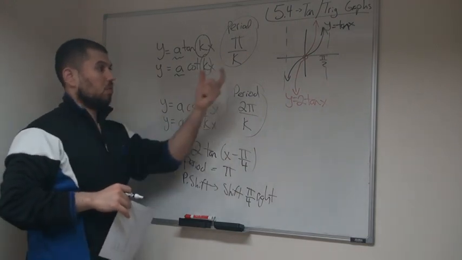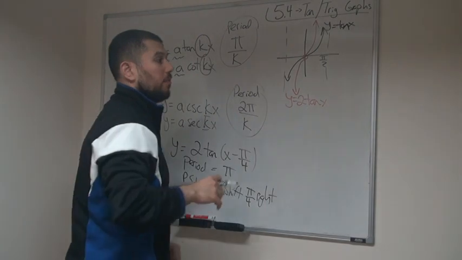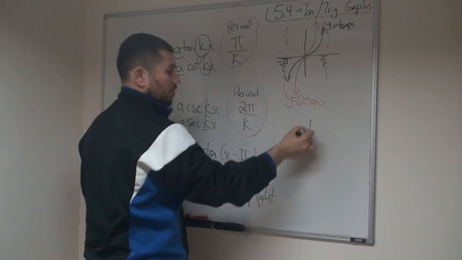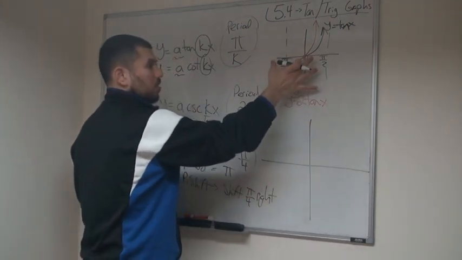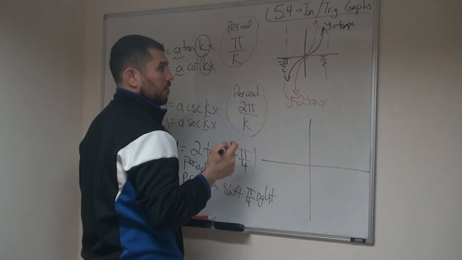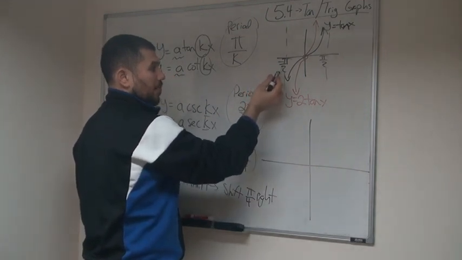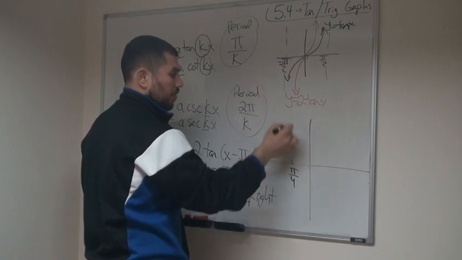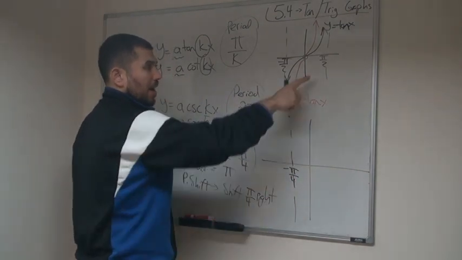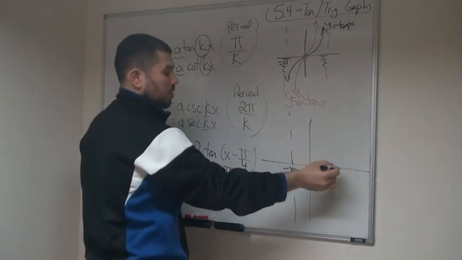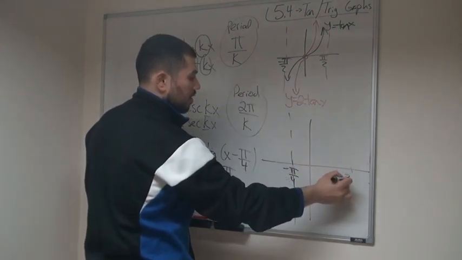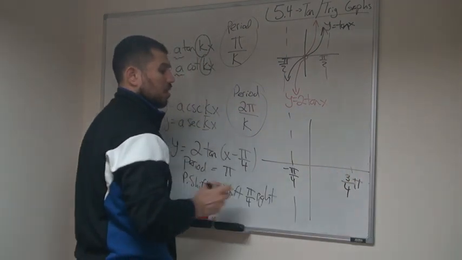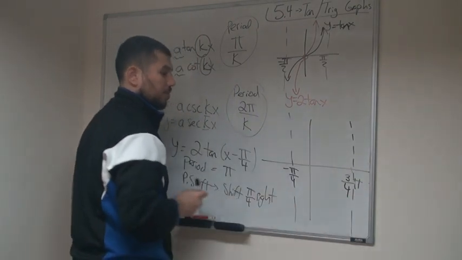So now if I move this whole graph pi over 4 units to the right, I'm moving it with the vertical asymptotes. Before, I had a full cycle from negative pi over 2 to pi over 2. If I move it a quarter of a pi over, negative 1/2 pi plus a quarter becomes negative 1/4 pi, or negative pi over 4. Positive 1/2 pi plus a quarter is 3/4 of a pi, which is where the other vertical asymptote is going to be.